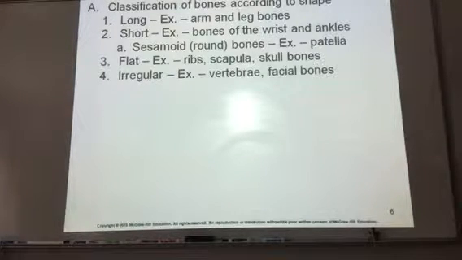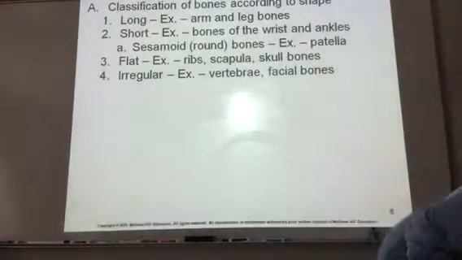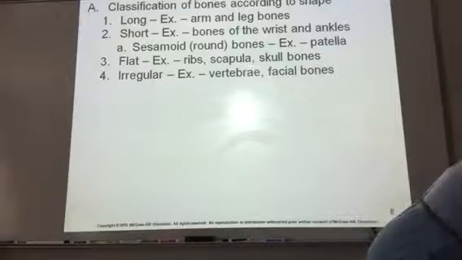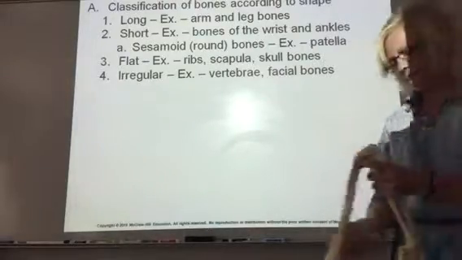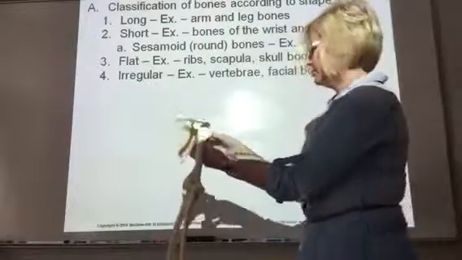If we look at different types of bones, and I've got my little basket of bones out and about, there's different kinds, and they are classified according to their shape. So if I pick out an arm, so this is the shoulder blade, so don't look at that part.